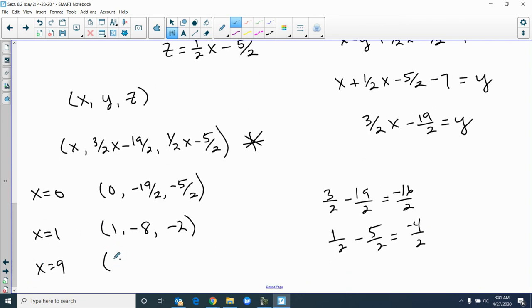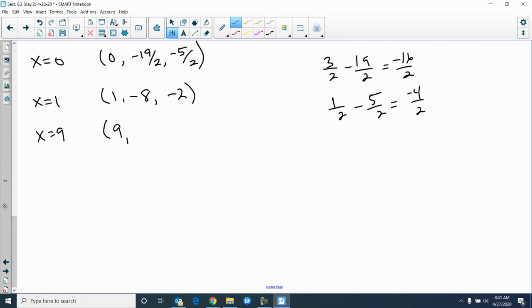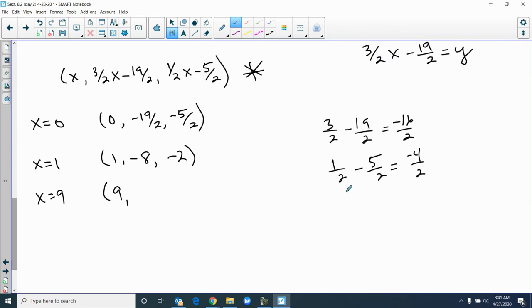So let's go back here. If I let x equal 9, we get 3 halves times 9 minus 19 halves. Well, what is that? 3 times 9 is 27 halves minus 19 halves. Well, that's 8 over 2. That's 4.